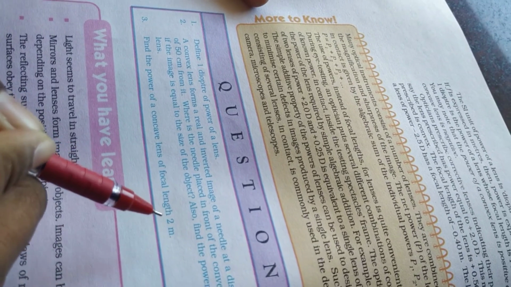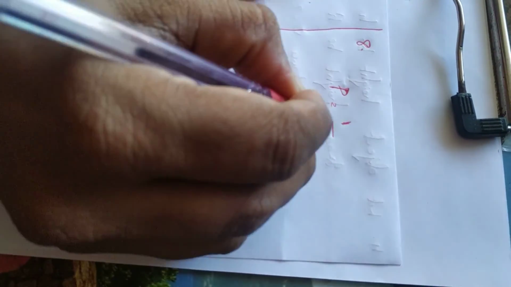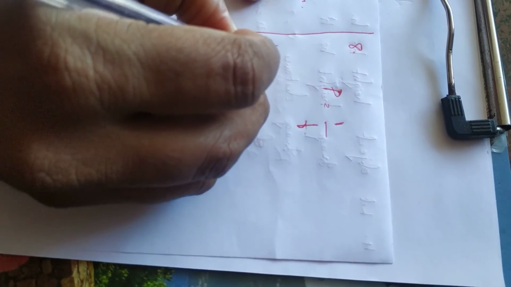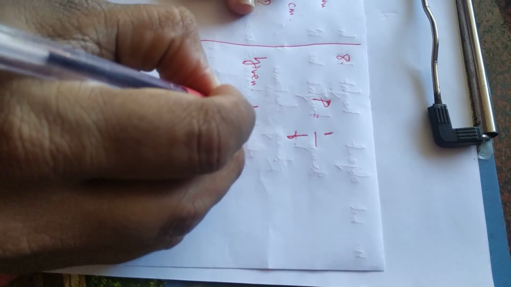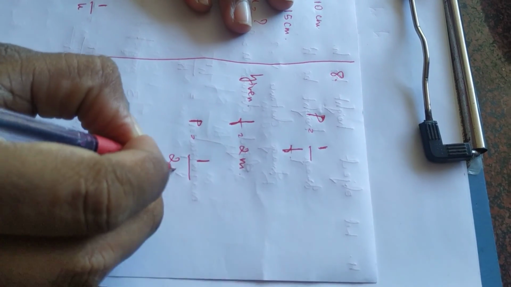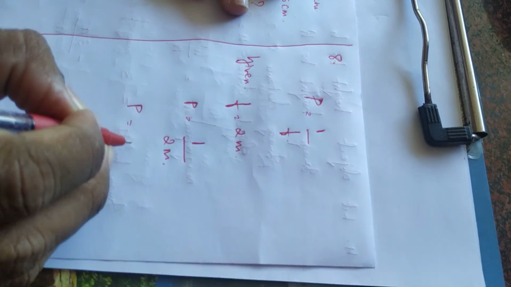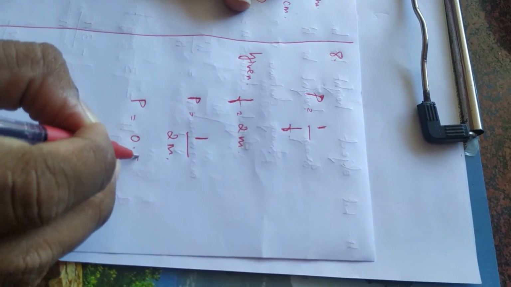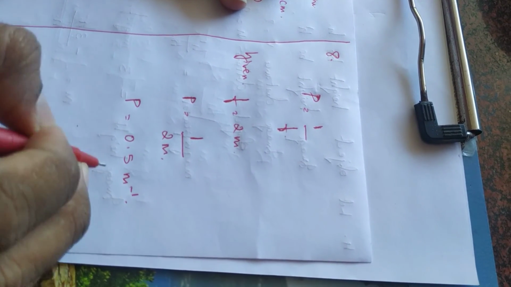Our last problem. Find the power of a concave lens of focal length 2 meter. So power of a lens is given by P is equal to 1 by f. What is given in this problem? Find the power of a lens whose focal length f is 2 meter. Therefore P is equal to 1 by 2 meter, or P is equal to 0.5 meter inverse, right?